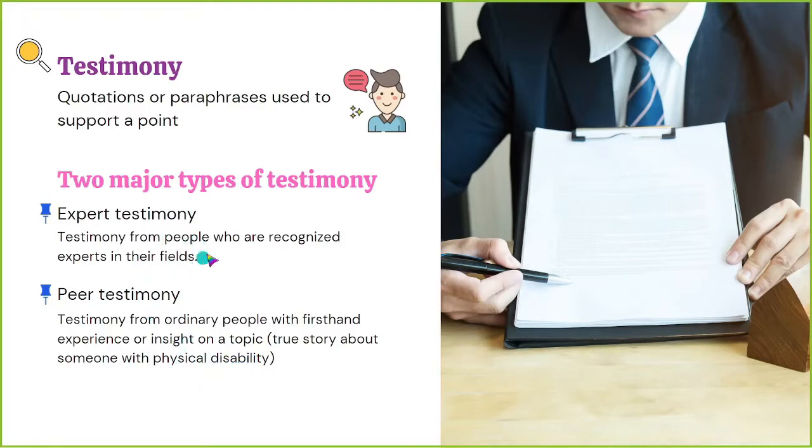For example, we have the Paralympics. The Paralympics is for sports athletes who are disabled in their conditions. They are very special, and they are involved in sports, and you ask them how they are able to do such an amazing job in their field. That is expert testimony that you can add into your outline.